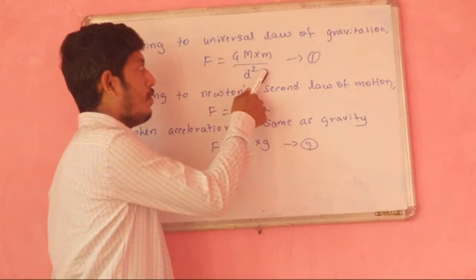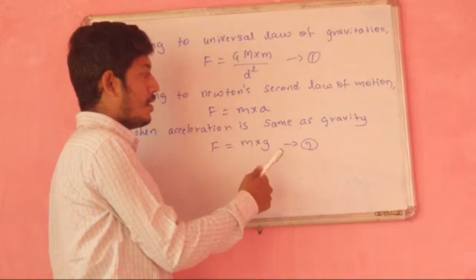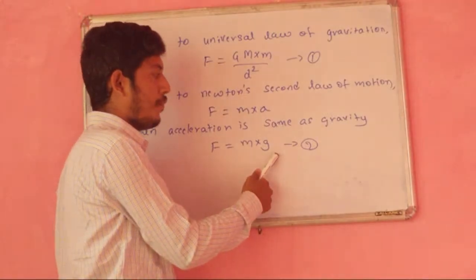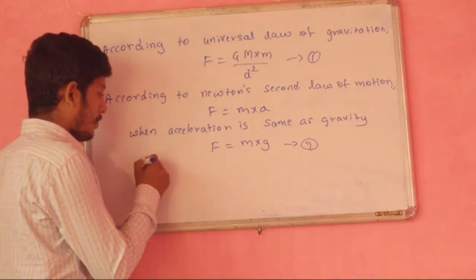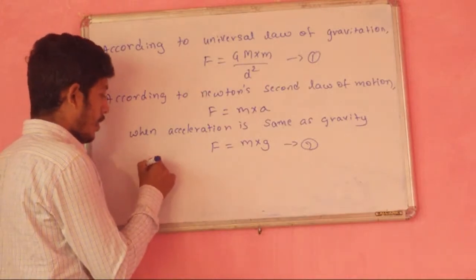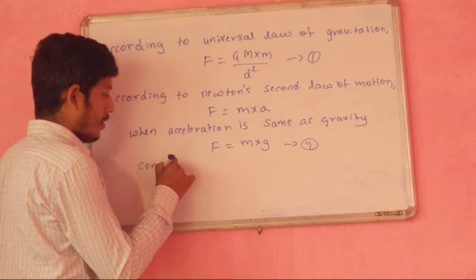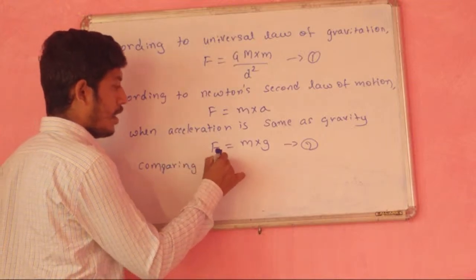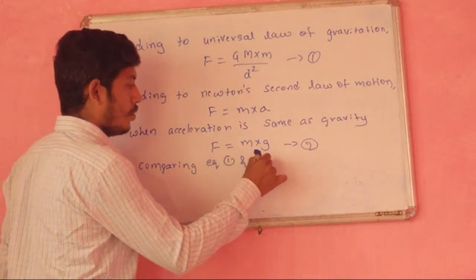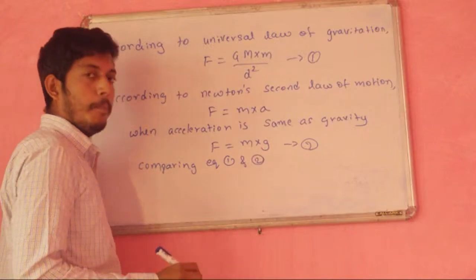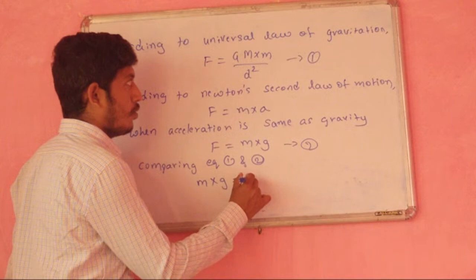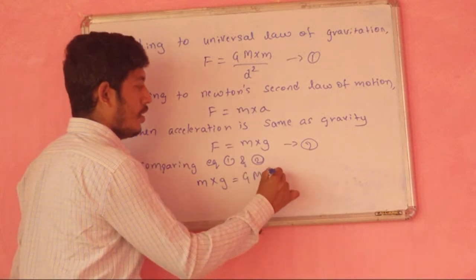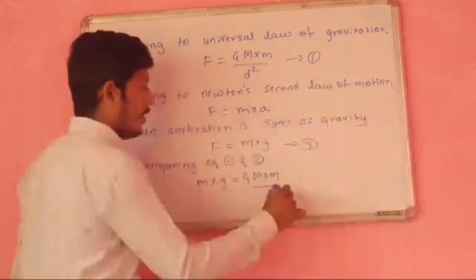So the right hand side of equation 1 is equal to F. Similarly, the right hand side of equation 2 is equal to F. Therefore, by comparing equation 1 and 2, it becomes m into g equals G into M m divided by d square.